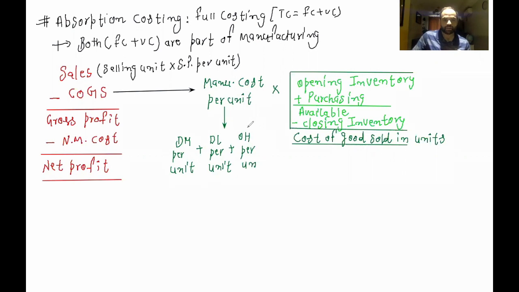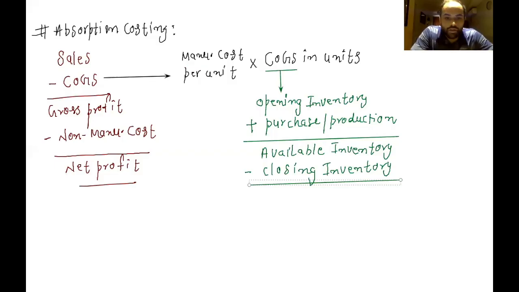So that's your manufacturing cost per unit, right? So manufacturing cost per unit multiplied by cost of goods sold in units, that's your cost of goods sold. All right? Everybody understand? All right, so this is the way to estimate your cost of goods sold.